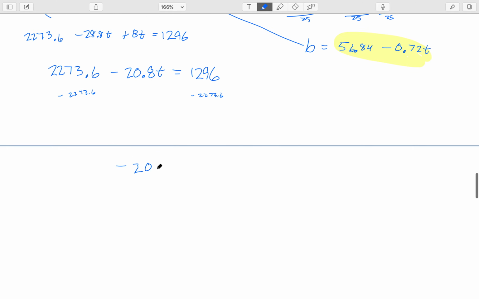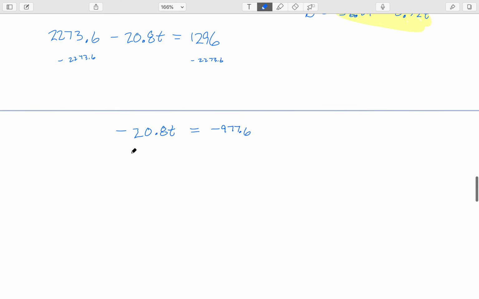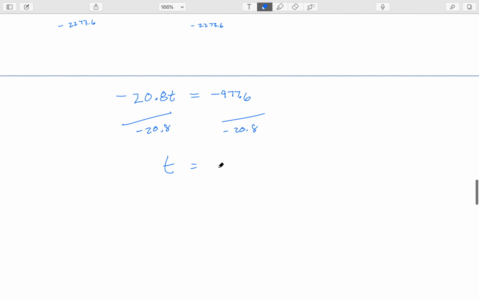Negative 20.8t is equal to negative 977.6. Ugh, I'm almost there. Divide by negative 20.8. What do we get? We get t is equal to, by chance, exactly 47.